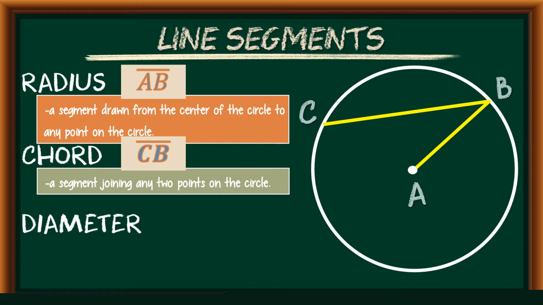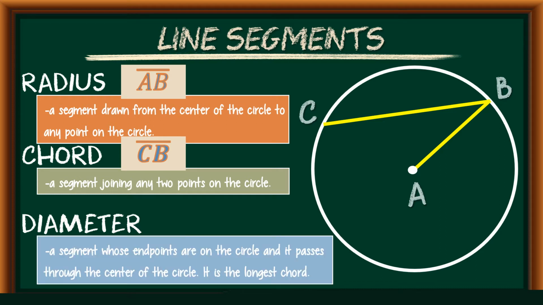Now, we have a special kind of chord, and we call this diameter. A diameter is a segment whose endpoints are on the circle and it passes through the center. And fact is, it is the longest chord. Okay? So, si diameter, isa siyang chord na dumaan sa center.